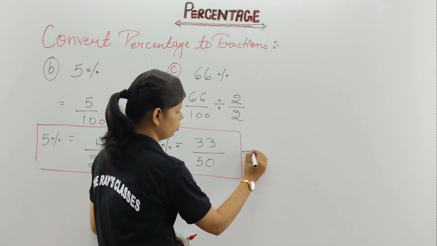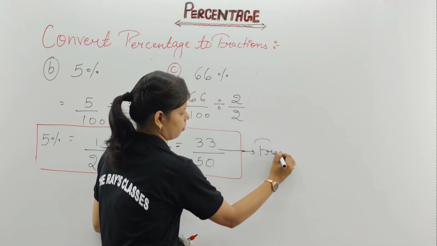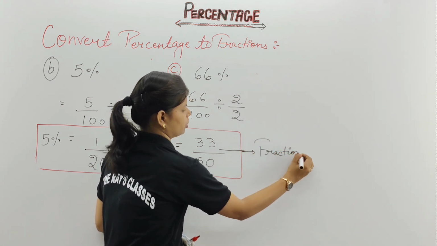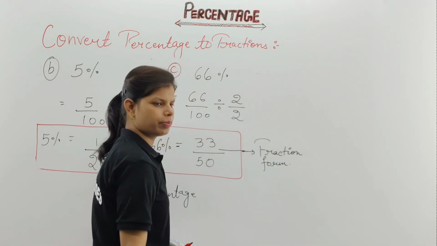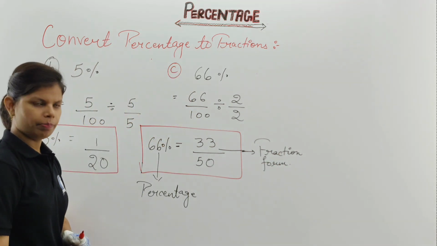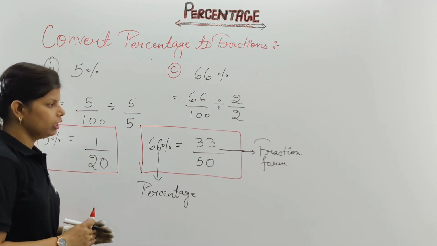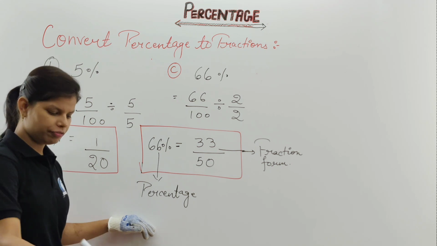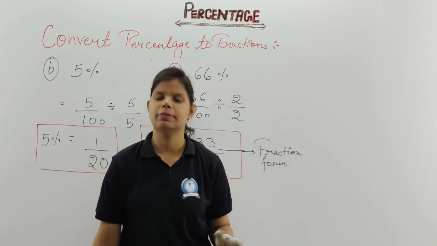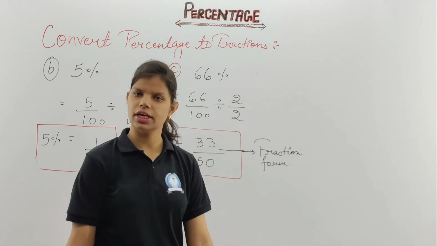And this part of yours is your fraction form. Clear to you? Understood? So children, these both topics I have explained in a brief way. Now I leave certain questions that will be done by you as homework. Then afterwards again I will go with another part, that means conversion of percentage to decimal or conversion of decimal to percentage. Clear, no?